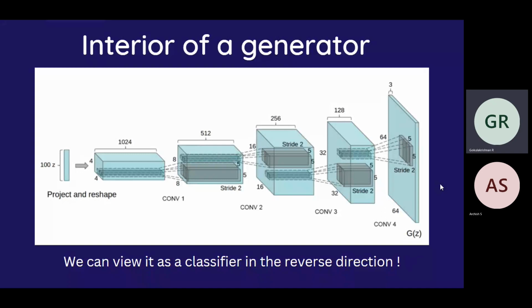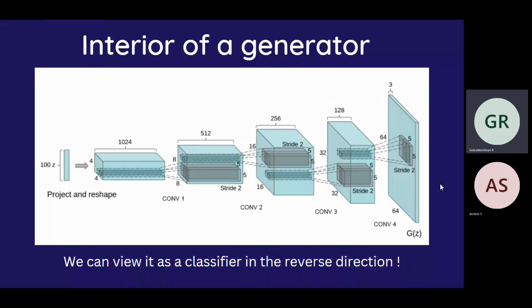You can view it as a classifier in reverse. In a classifier, you have the image as the input, and you have to decide whether that image belongs to class 1, class 2, and so on. Say there is an image of a dog, and you want to classify what breed it belongs to. Say there are 10 breeds.